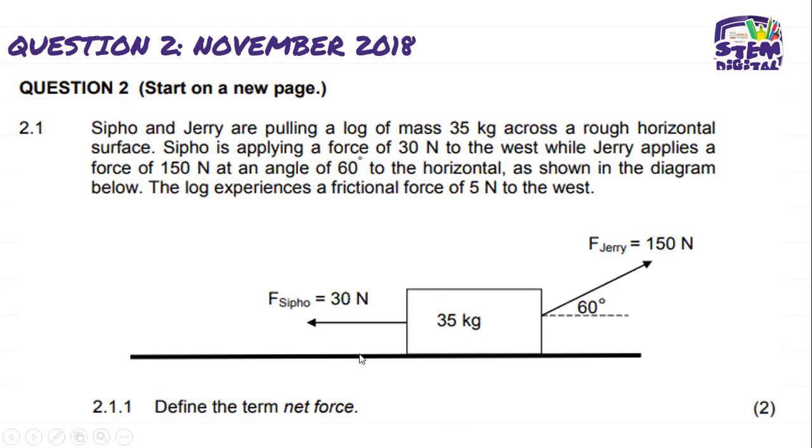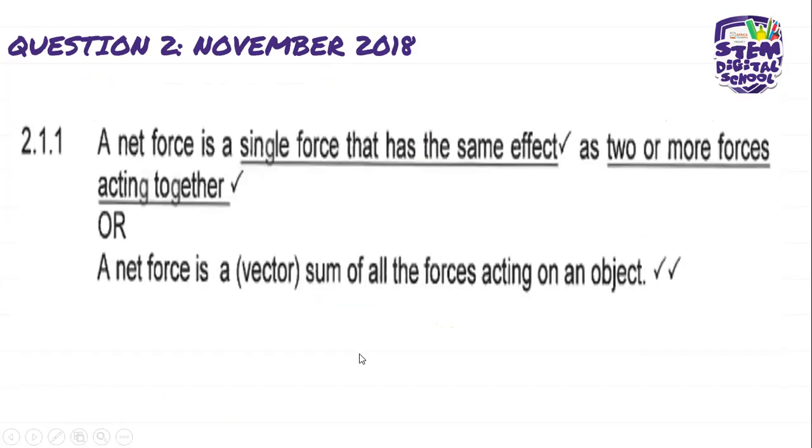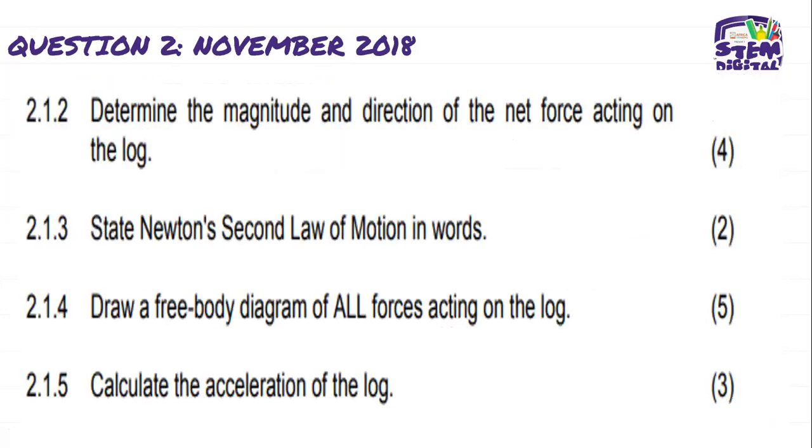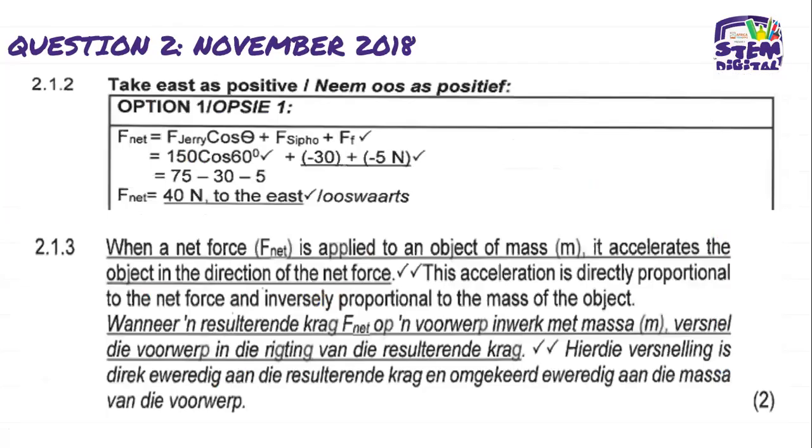So to calculate that, we will say the net force is equal to the horizontal component of Jerry's force plus the force that SIPO is applying plus the frictional force. And why am I doing that?